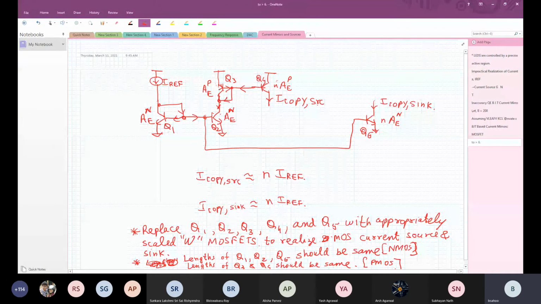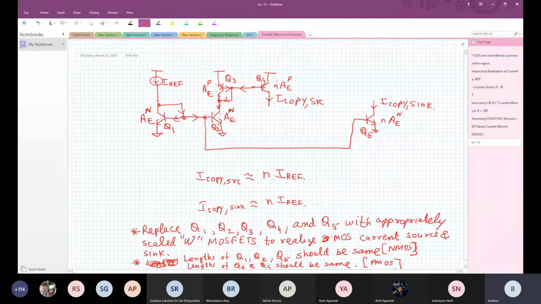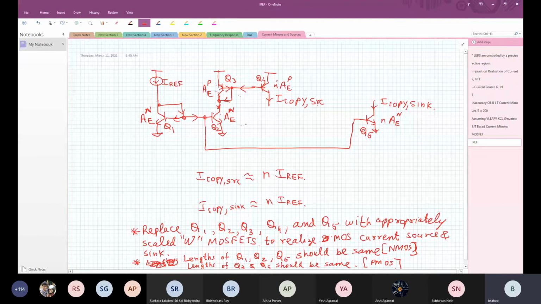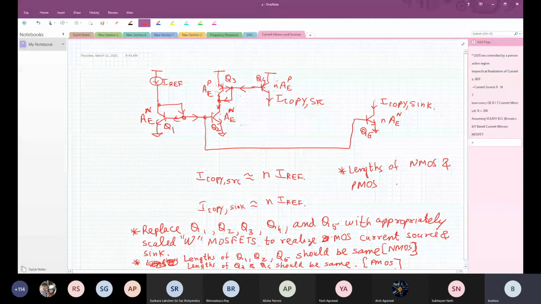I cannot change the lengths of these two. The lengths of these two should be identical, but the lengths of the NMOS and PMOS need not be the same.